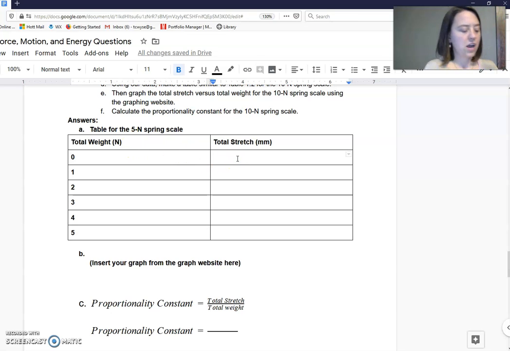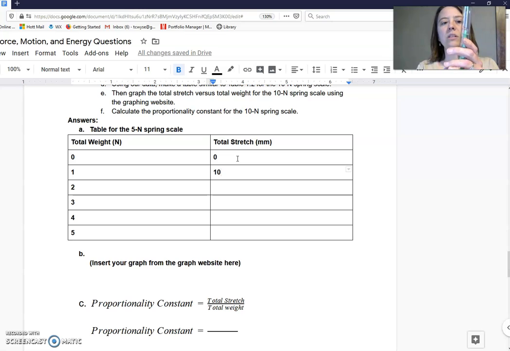And then our stretch, which when it goes down, let's see if you can see that, when I pull the plunger down with 1 Newton, then it went down 10 millimeters. Oops, we got to start with 0. It'll be 0. Then it went down 10 millimeters.